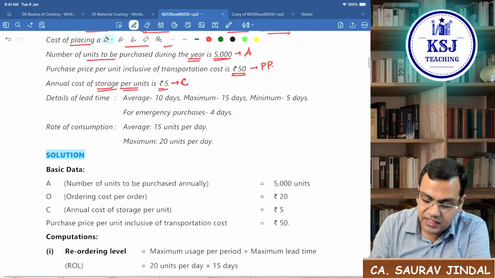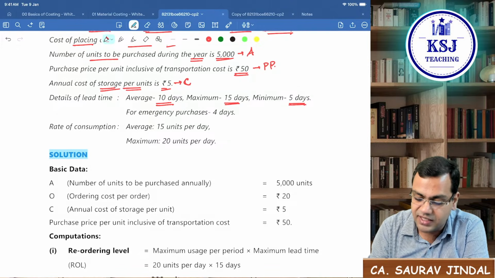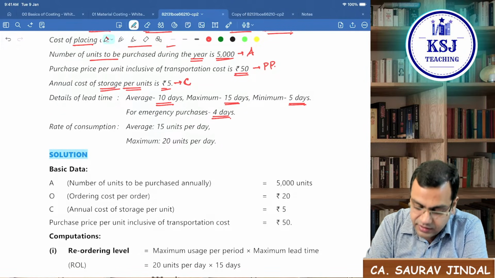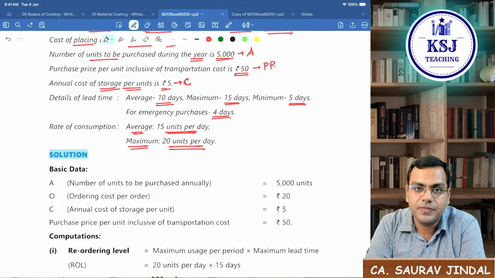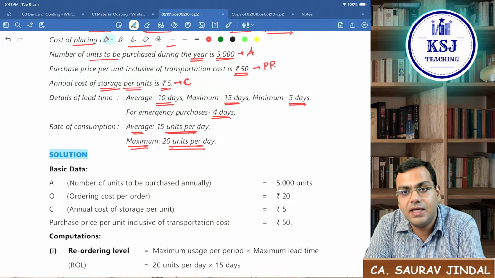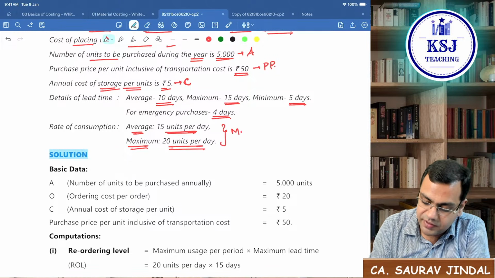Then the lead time details are given: average 10 days, maximum 15 days, minimum 5 days. For emergency purchases, it is 4 days. The rate of consumption is average 15 units per day and maximum 20 units per day. One thing missing in this problem is the minimum consumption, which we will require.